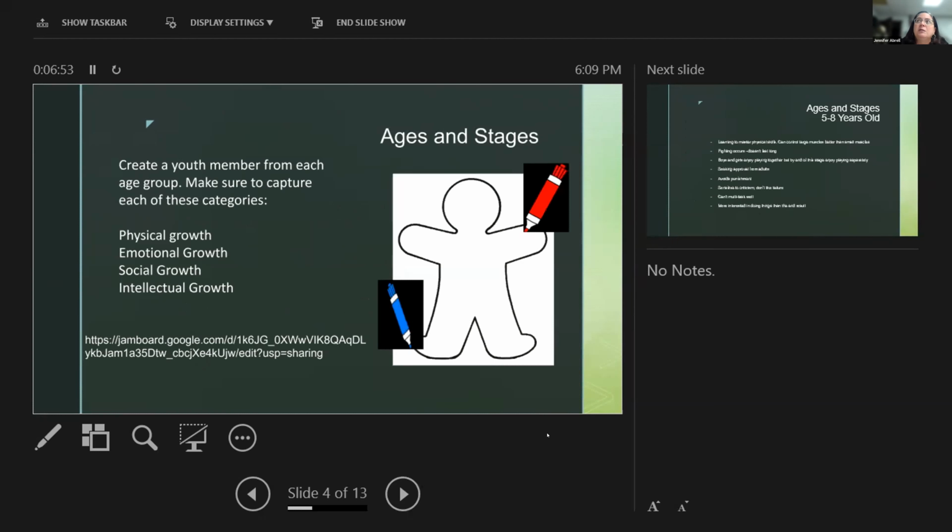So what I'm going to do is share in the chat box here in a minute this Google Jamboard link. I don't know if any of you have ever used it or if you have access. If you're on your phone, it might be a little tricky going back and forth, so don't worry about that. I'll share the screen, but I will have it open so you can go to it and add to it later if you want.